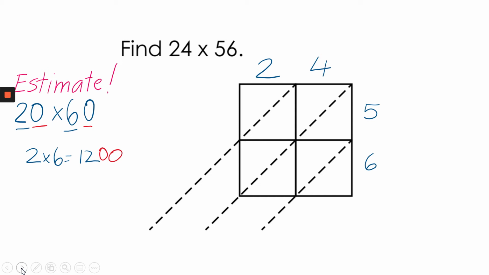You'll see why as we go. Then on the top of the boxes, on the horizontal axis, we're going to put the 2 and the 4. So the tens digit will go on top of the first column, and the 4 will go on the second column. And then I'm going to use the other side, the vertical on the right-hand side of the boxes, to write my other number, 56.